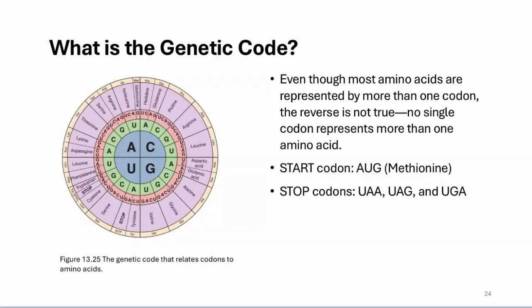And in addition to these codons representing amino acids, we have three stop codons. These stop codons are going to be utilized in order to stop the process of translation. Let's actually look at this process in detail.